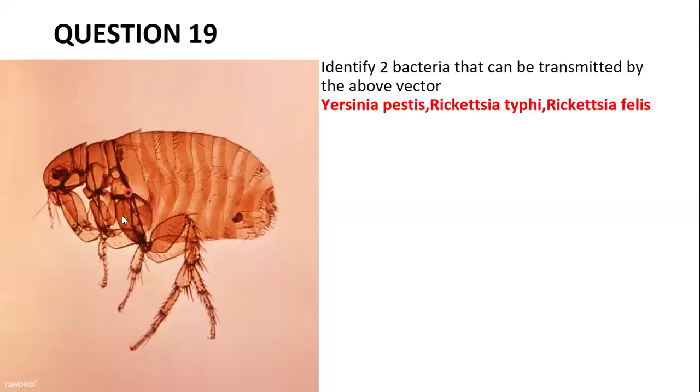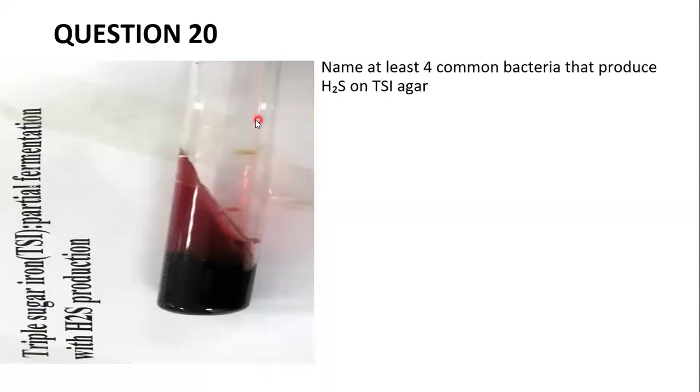This one has no wings, it moves by jumping. Flies are different. Name at least 4 common bacteria that produce H2S on TSI agar, similar to this. First of all, who will tell me what TSI is this? Tell me the slant, the butt, gas, and H2S. We did this yesterday.